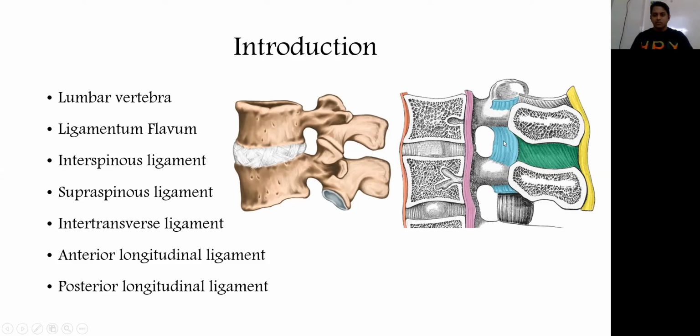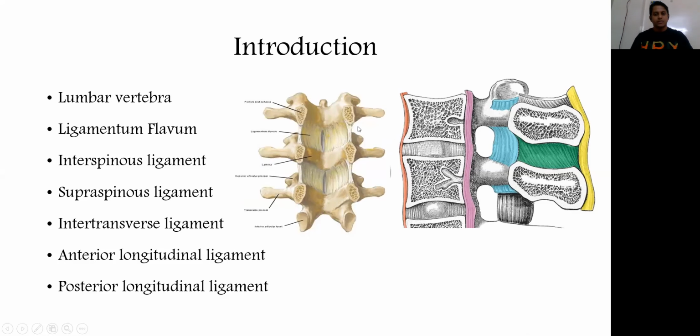Let us have a look over these two major ligaments, the ligamentum flavum and the posterior longitudinal ligament. The ligamentum flavum extends from the facet joint capsule, from its medial margin, to the point where the two lamina fuse, leaving a gap in the midline for the passage of the internal vertebral venous plexus, or the communication of the internal vertebral venous plexus with the external vertebral venous plexus.